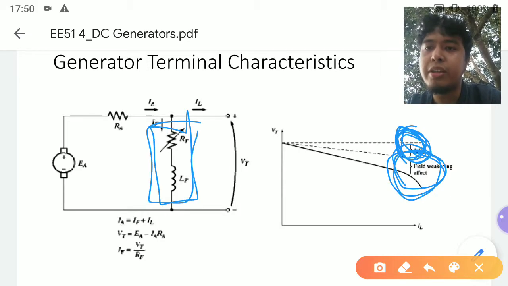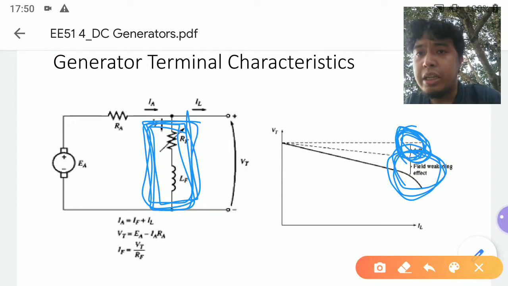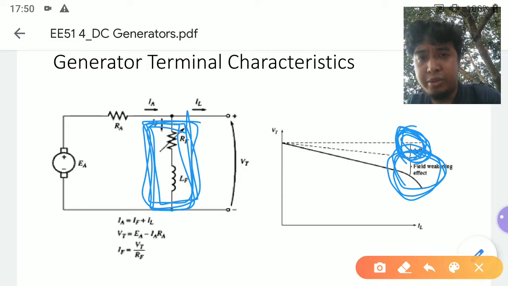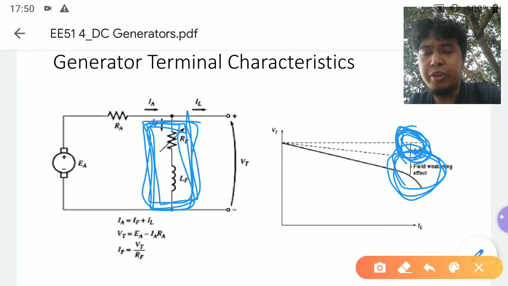There's a weakening effect in the field, so your voltage level actually decreases further.